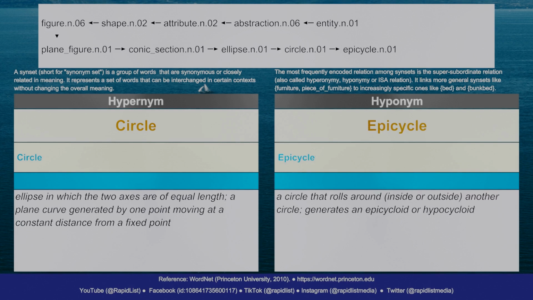Epicycle. A circle that rolls around inside or outside another circle generates an epicycloid or hypocycloid. Equator. A circle dividing a sphere or other surface into two usually equal and symmetrical parts.